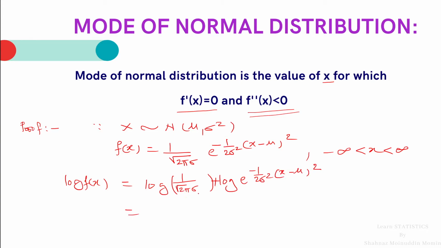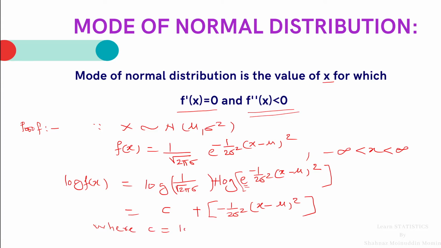Since 1 upon root 2 pi sigma is constant, its logarithm is also a constant. I shall write C for log 1 upon root 2 pi sigma plus, here we are taking the natural logarithm on both sides. So log and exponent part e get cancelled and the remaining part is minus 1 by 2 sigma square (x minus mu) whole square.